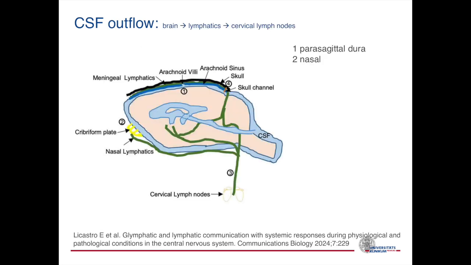Can we image that? We know the venous outflow is from CSF in arachnoid granulations into the venous system. And there is a second way which is relevant for the glymphatic system, that is in lymphatics. And these lymphatics are either located in the parasagittal dura or in the nasal mucosa.